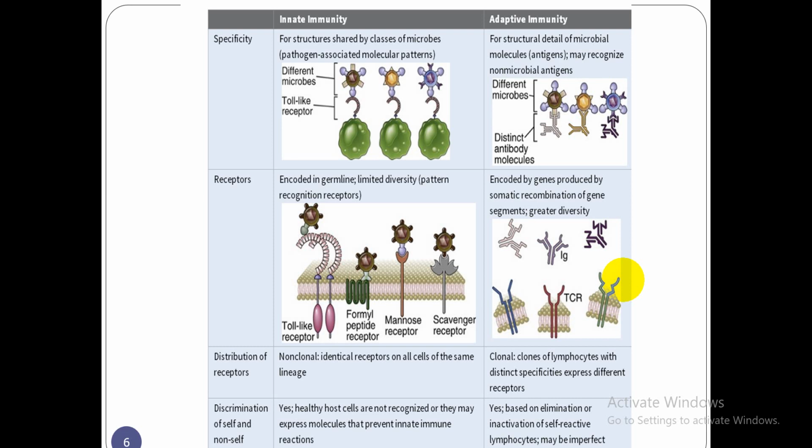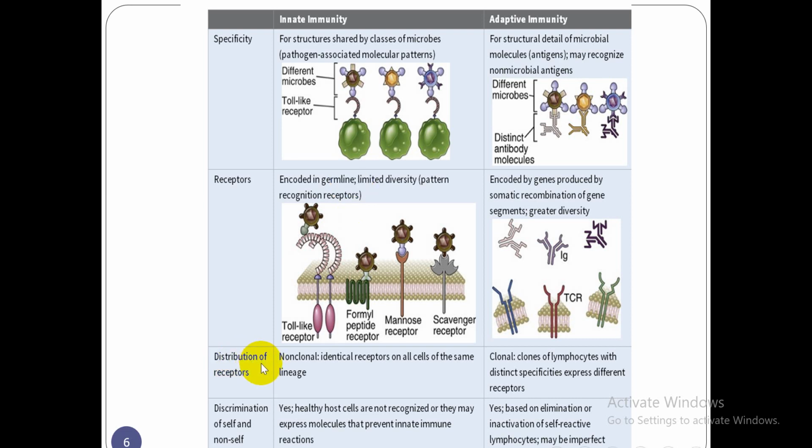These specific receptors could be produced by a process called somatic recombination, and this somatic recombination could produce greater diversity in receptors of adaptive immunity. But in innate immunity, the receptors are encoded in the germline, and they show limited diversity.